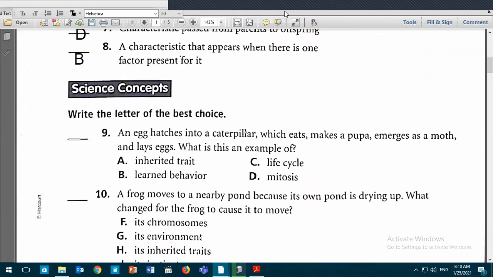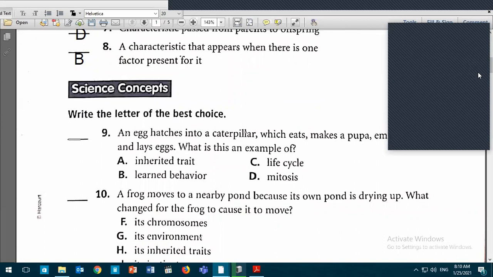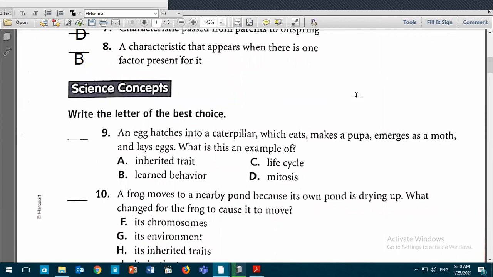So in here we have some choices. Let me pick Zain. Yes, miss. It says an egg hatches into a caterpillar, which makes a pupa, which is the chrysalis, and emerges as a moth, which looks like a butterfly, but it's not, and lays eggs.